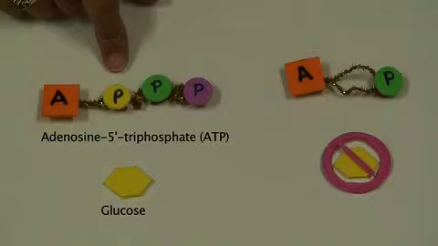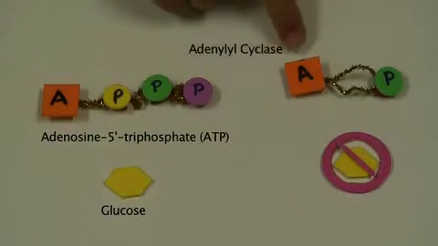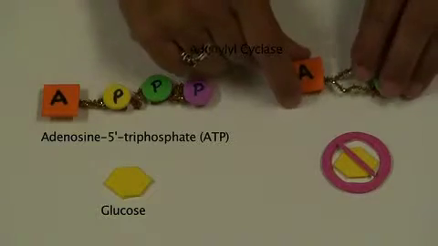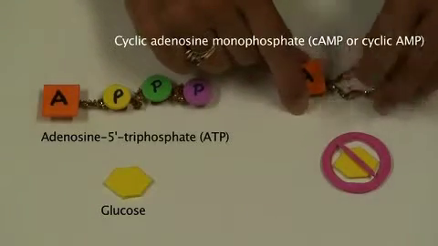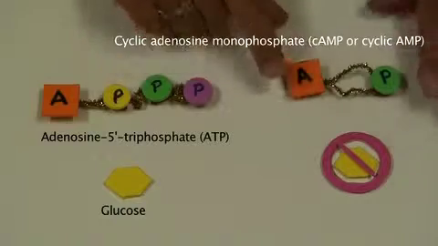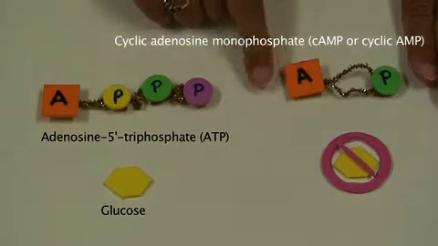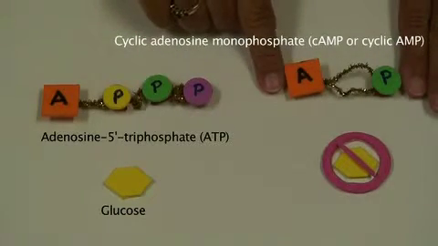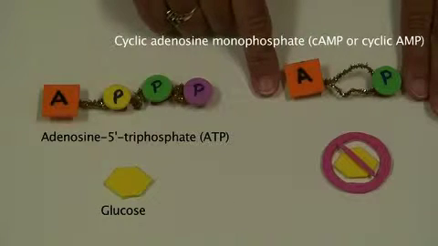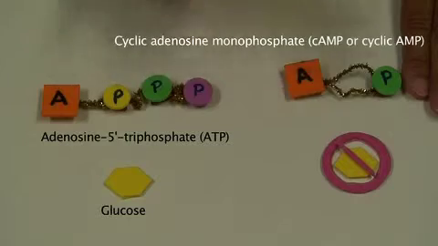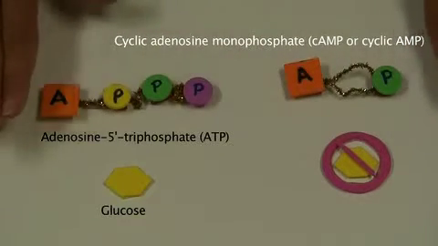And then in the presence of an enzyme called adenyl cyclase, we are going to make cyclic AMP. That's what this is here to remind us of, the cyclic nature of this. Okay, we're going to make cyclic AMP, and it is cyclic AMP that is going to be very important in the lactose operon. This is what we want you to remember.